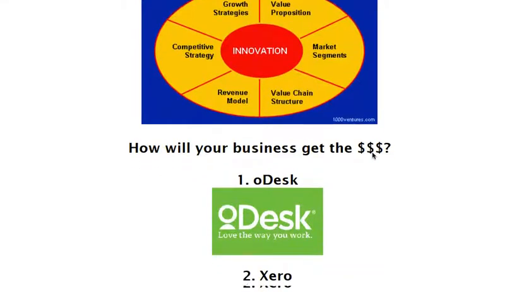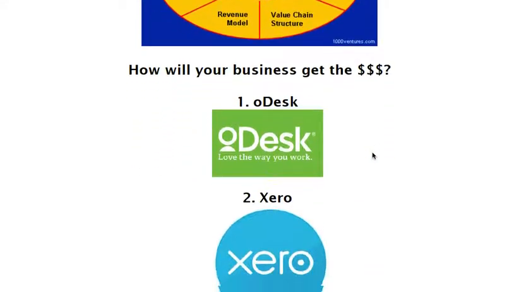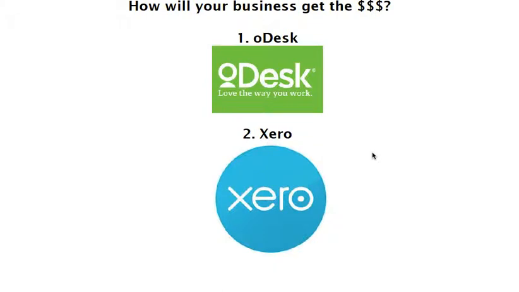Another example is cloud-based accounting software Xero, and this is based in New Zealand where I live. Actually, it's in my city, the home office base. Essentially, Xero is software as a service, which means it runs on a subscription model. Because it runs on a subscription model, it has to ensure that clients stay with the company for a very long time because it's a monthly payment.